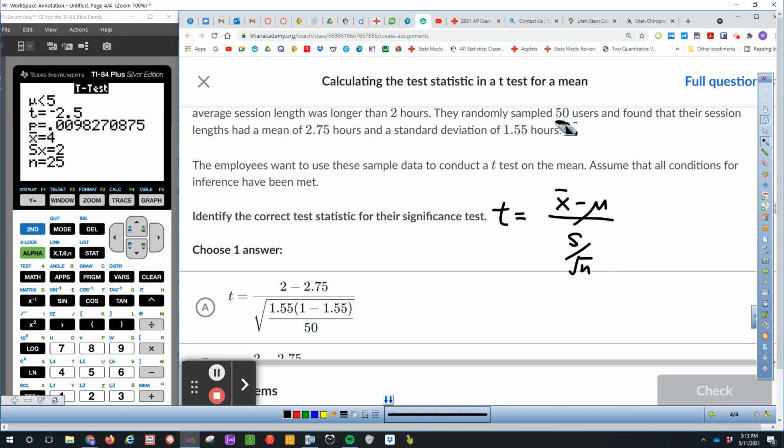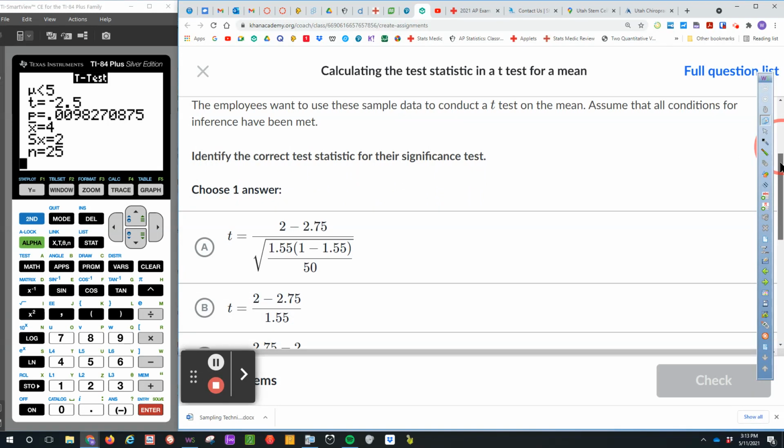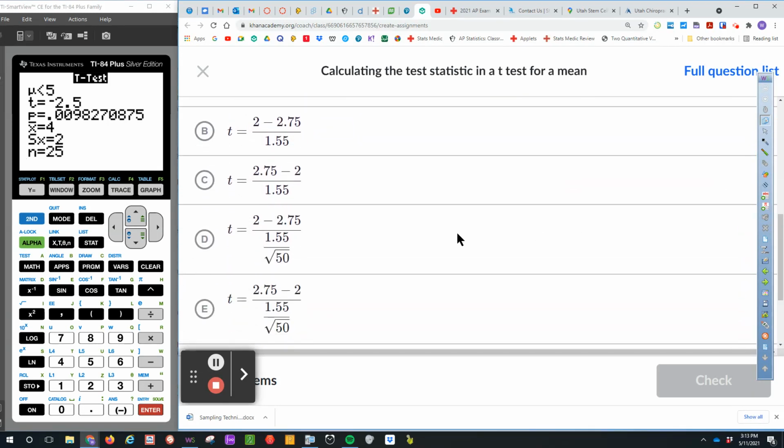So my n is 500, so it's going to look like square root 500 down below. Standard deviation is 1.55. And then x bar is given as 2.75. 2.75 minus the mean, which is given as 2. So if you look at that, which one does it resemble? So it's 2.75 minus 2 divided by 1.55 divided by root n. So that looks like it.